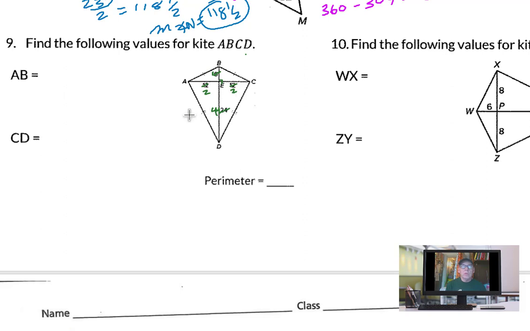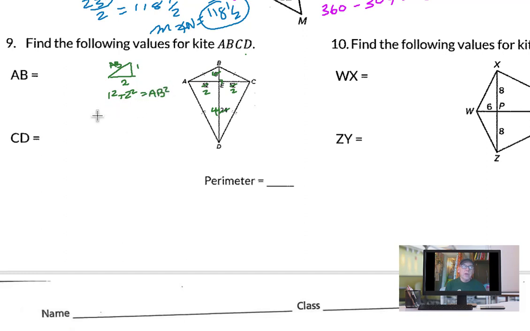Let's see what we can do with these triangles. These two are right triangles. With the Pythagorean Theorem, we can look at this as a 1 and a 2, and we want to find out what this AB length is. We have 1 squared plus 2 squared equals the length of AB squared.